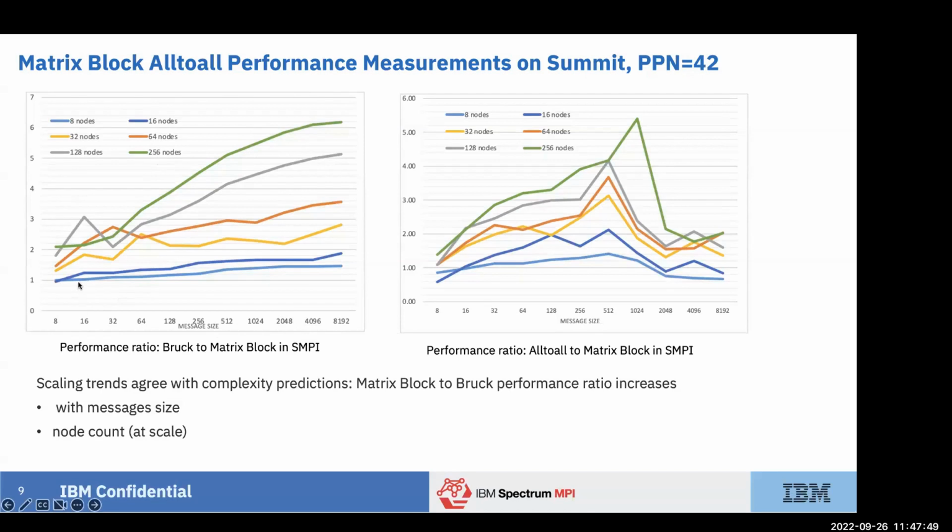And as we're seeing from the left chart, the performance gain is over 5 for 256 nodes. On the right chart, we're seeing a comparison with Bruck and pairwise exchange, which is implemented in Spectrum MPI.